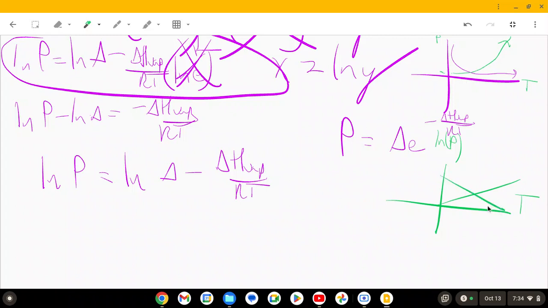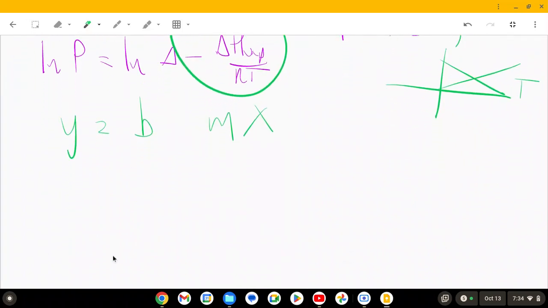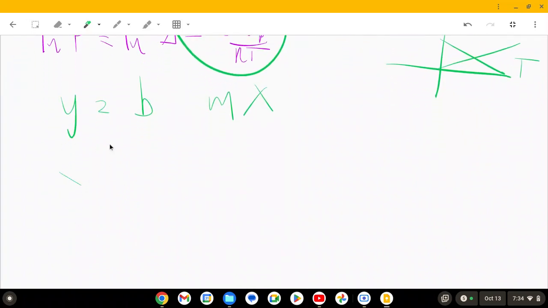I don't know which way it's going to be. Probably down, because this is your x value. That's x, mx, that's b, that's y. You remember from your days, y equals mx plus b.